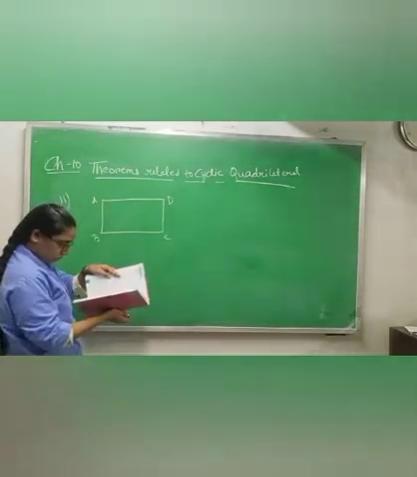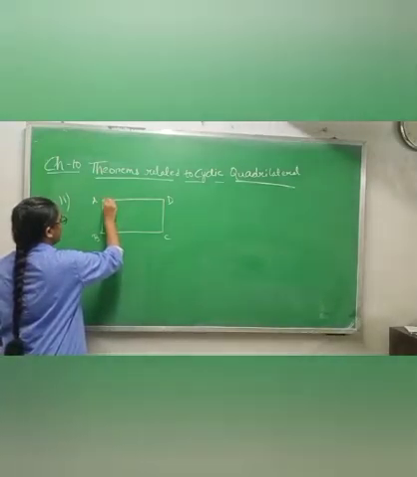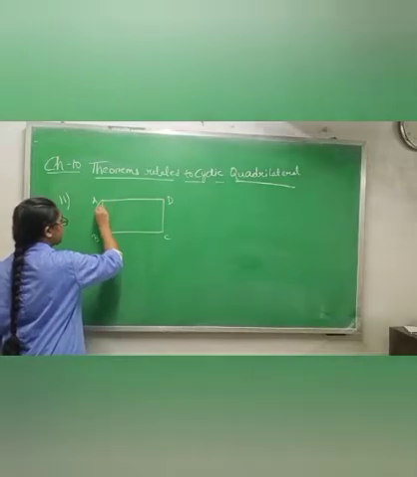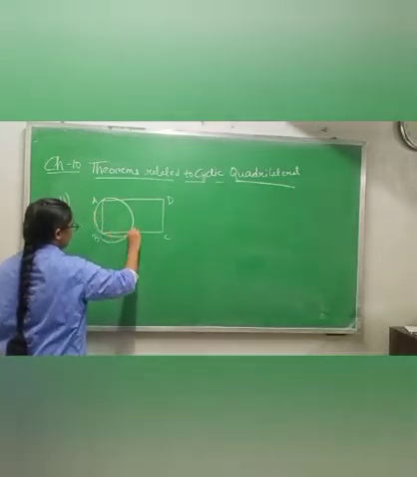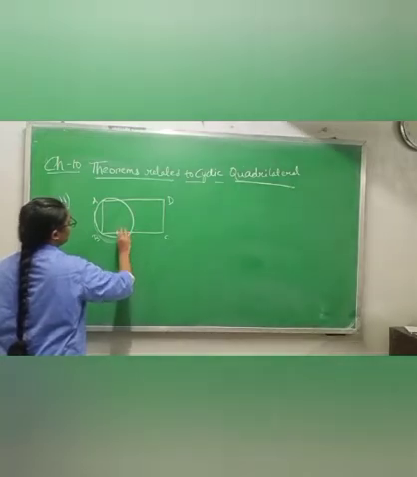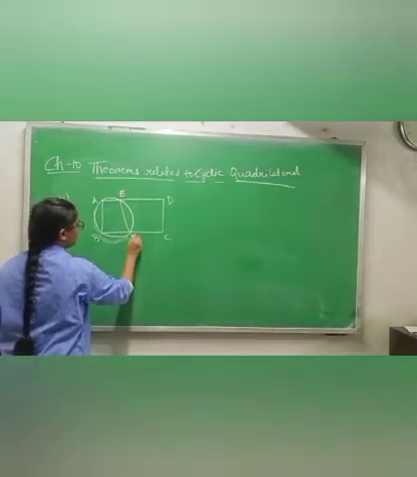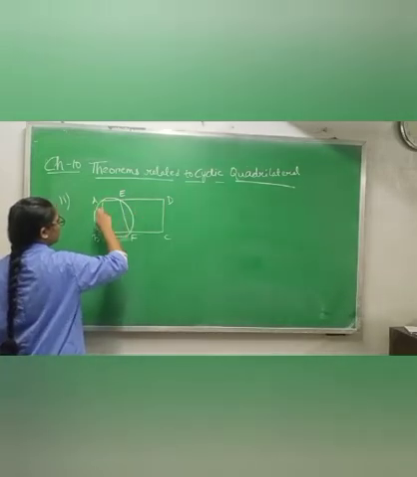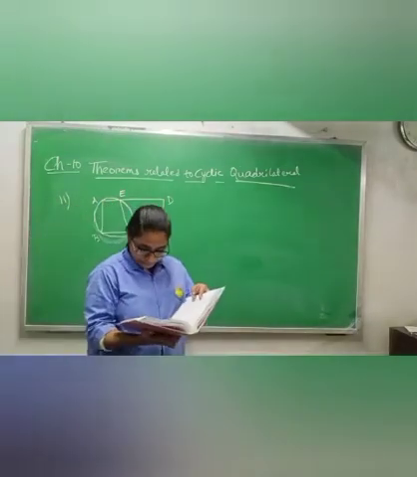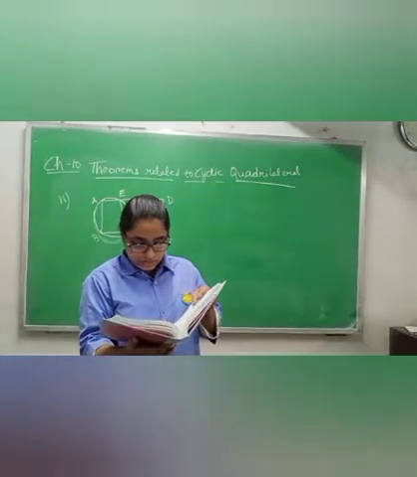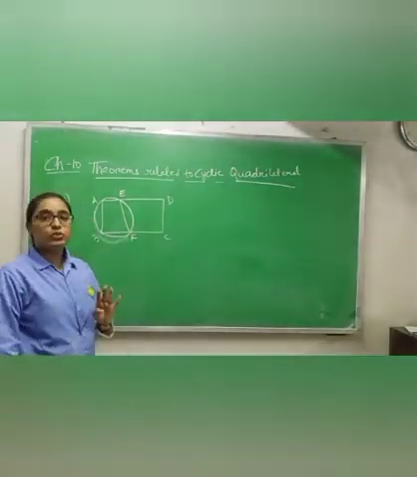A circle passing through A and B intersects the sides AD and BC at the points E and F. This one is E and this one is F. Now let us prove that the four points E, F, C, D are concyclic.